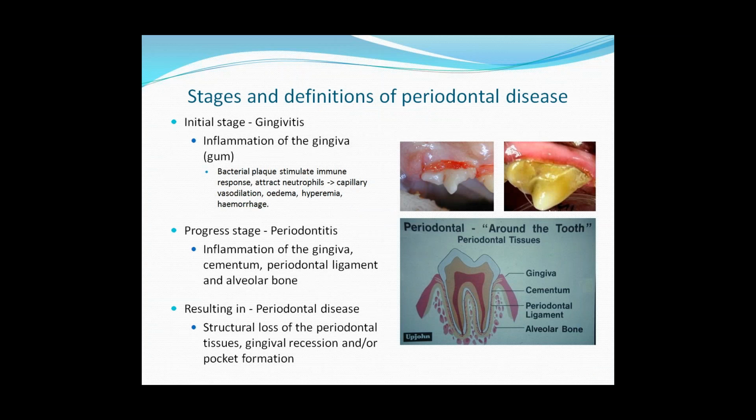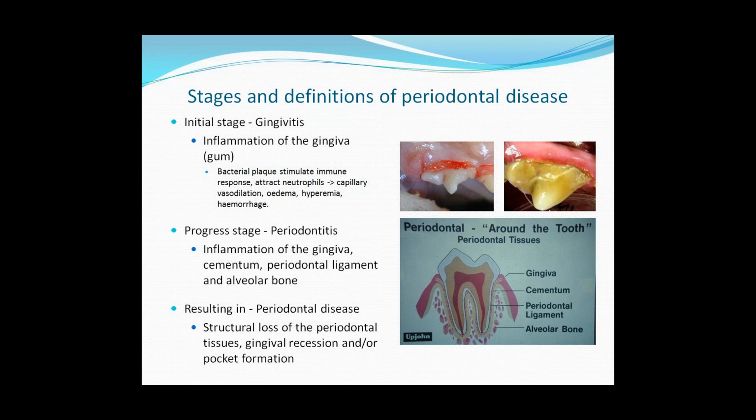So initially, I thought we'd just cover some terminology and some definitions and talk about how periodontal disease occurs, and then we'll talk about the other topics that I mentioned previously. So gingivitis is an inflammation of the gingiva. We see that as you can visualize on this slide in the top left-hand corner is a cat with red inflamed gingiva.